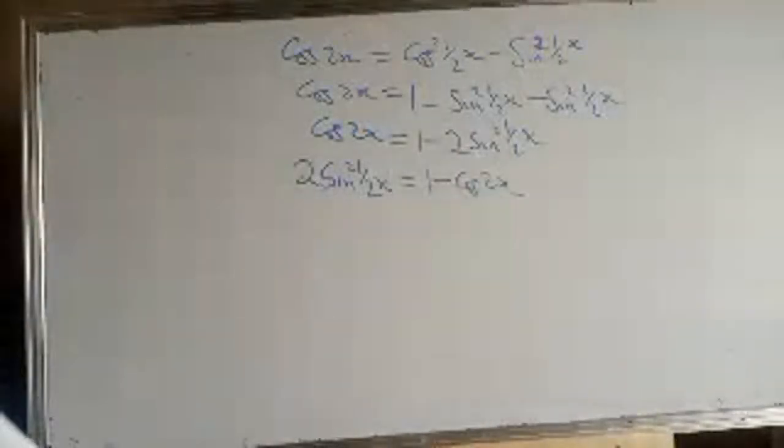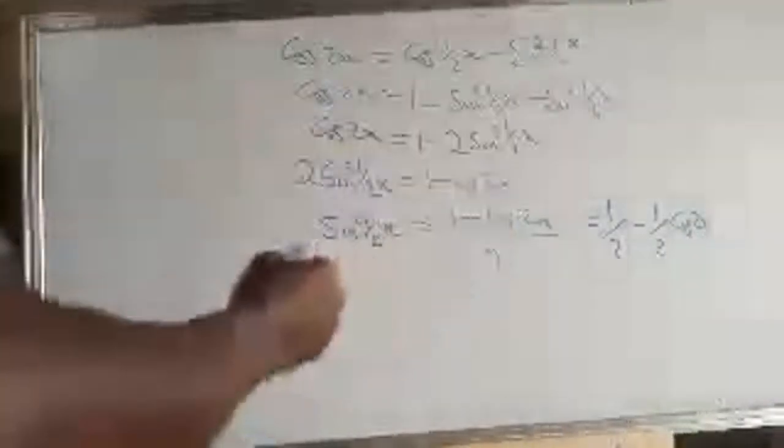Now, sine square half x will be equal to 1 minus cos 2x all over 2 if you divide both sides by 2, which is the same thing as half minus half cos 2x, because you are dividing this 1 and this by 2. So you split it like that.